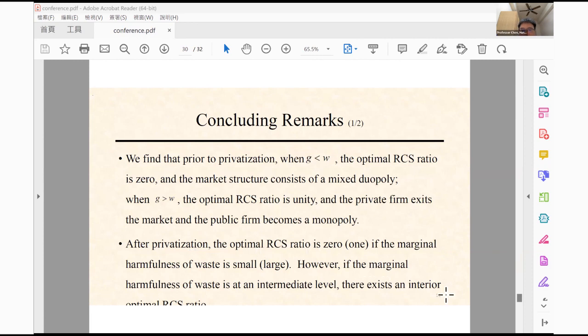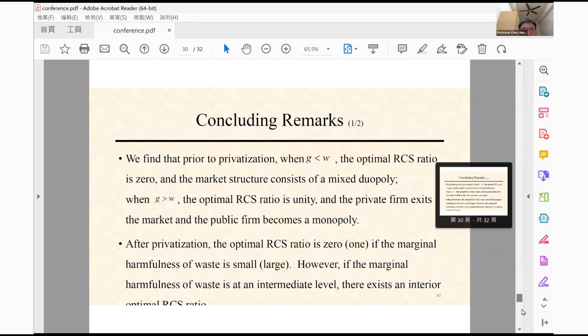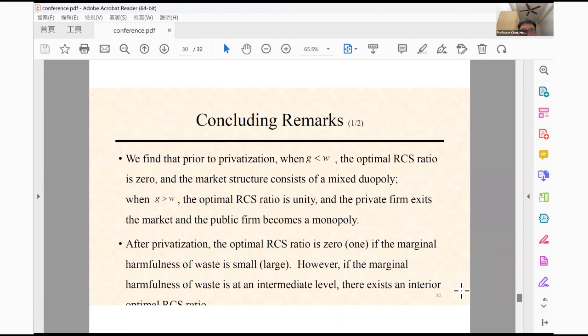After privatization, the optimal RCS is 0 or 1 if G is small or large. However, if G is at an intermediate level, there is a continuous optimal RCS.